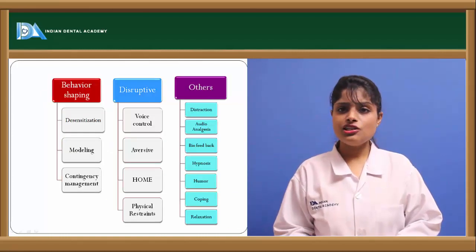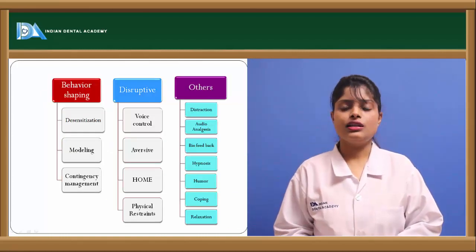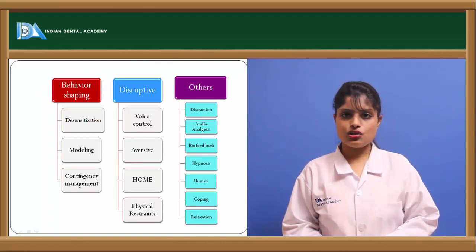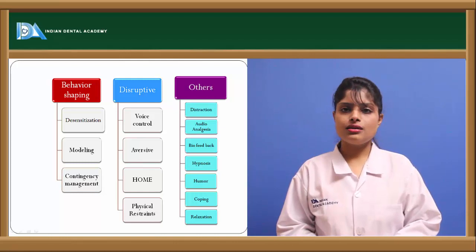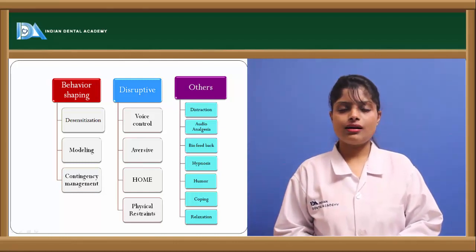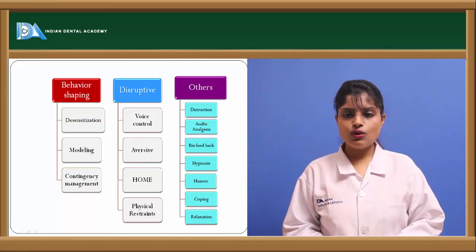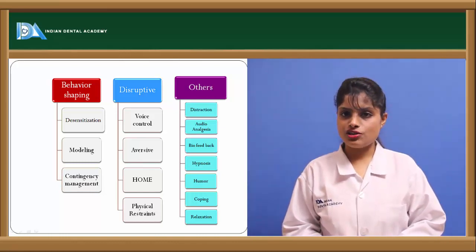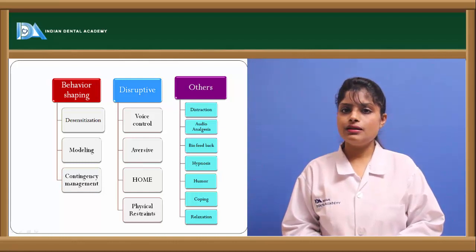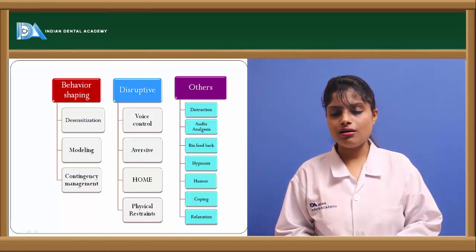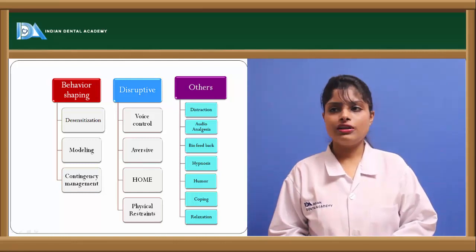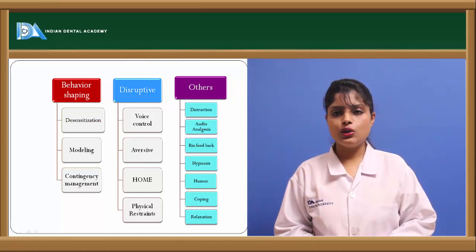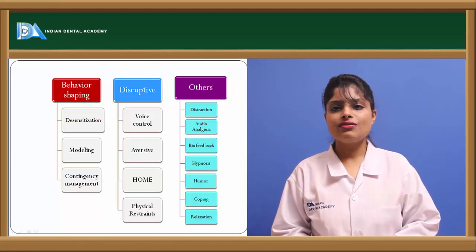Now, behavior shaping is further classified into desensitization, modeling and contingency management, whereas the disruptive techniques are classified into voice control, aversive conditioning, hand over mouth and physical restraints, whereas the other means of behavior management are distraction, audio analgesia, biofeedback, hypnosis, humor, coping and relaxation.